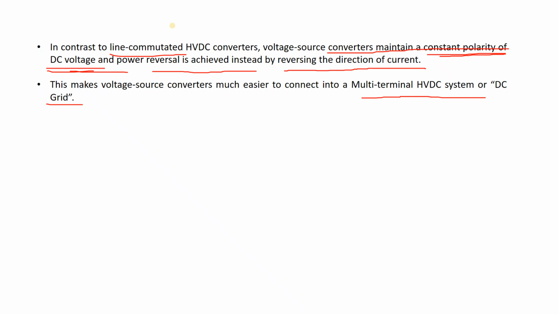Because in DC grid this power reversal is very important, because whenever there is a load demand anywhere, the power shift can be done in a flexible way. So if power shifting is done in a flexible way, then there is less problem of switching.